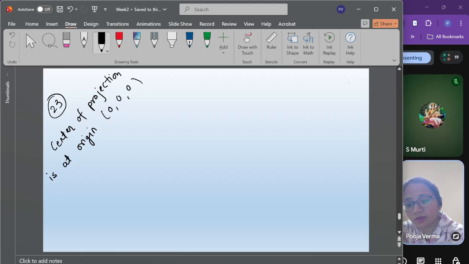So the projection of the 3D point x, y, z onto a 2D plane u, v is governed by similar triangles. So the projection equations are, can you tell this one? What are the projection equations?